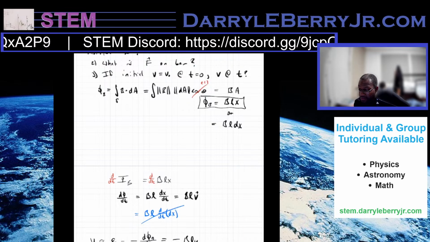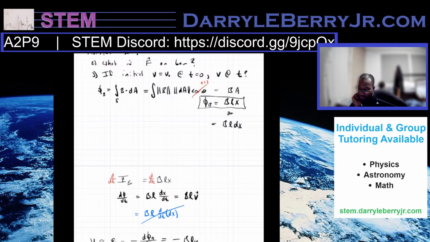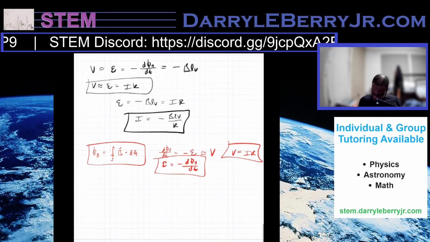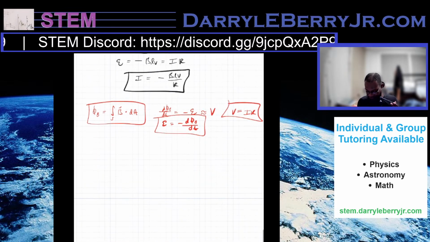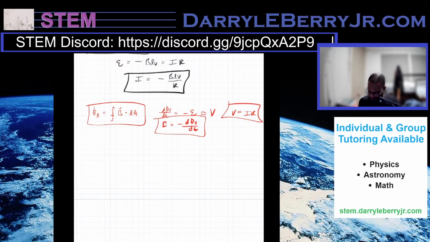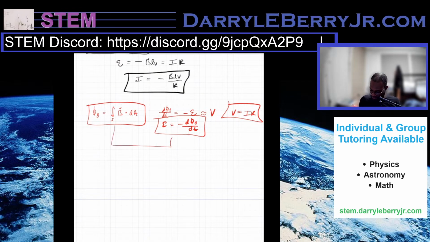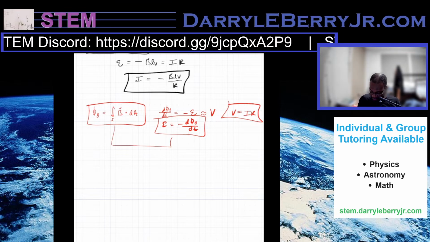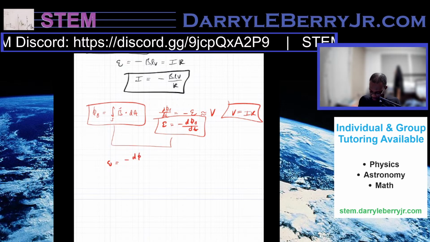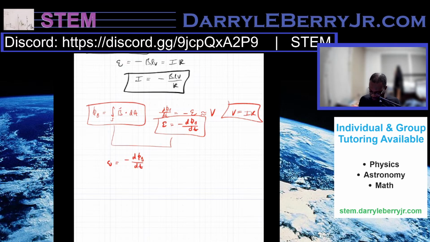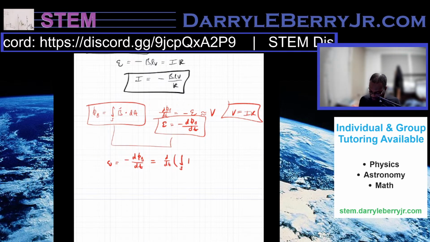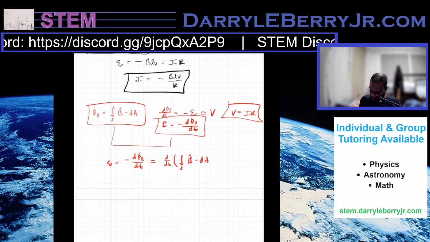It's just in a more compact form. Basically, since the magnetic flux is the integral of B dot dA, and the electromotive force is the derivative of the magnetic flux, we could just put these together and say E equals negative d magnetic flux over dt, which equals negative d over dt of the integral over a surface of the magnetic field dot dA.